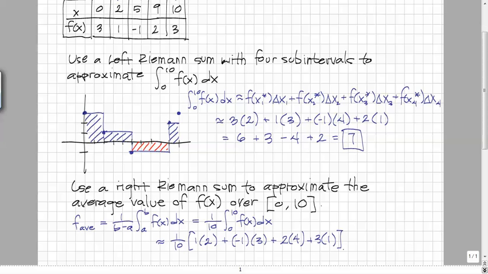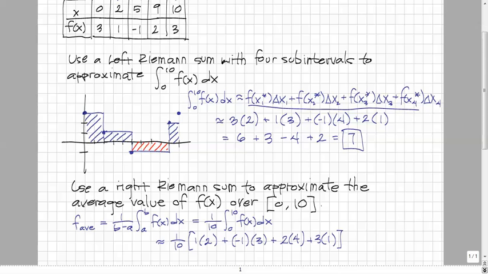Now let's make sure we understand where those values are coming from. We really are still using this same formula for the Riemann sum, only in our x1 stars, really all of our xk stars, we've chosen to take our outputs from the other side of the interval.